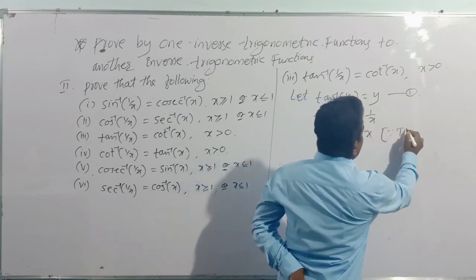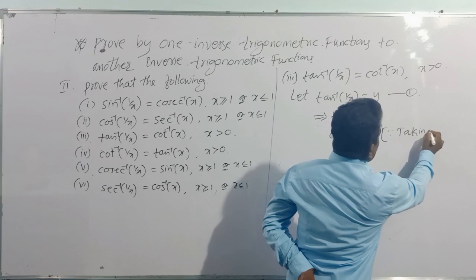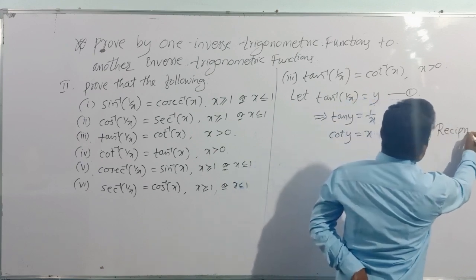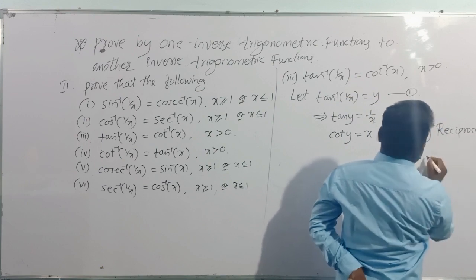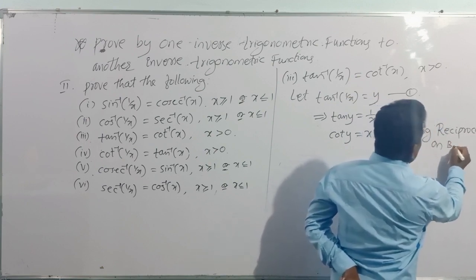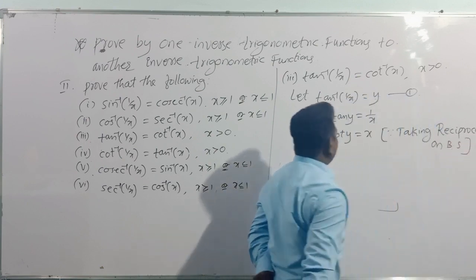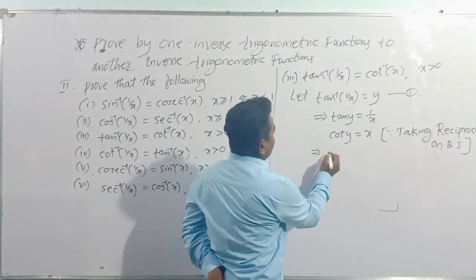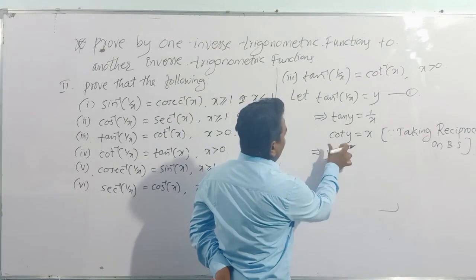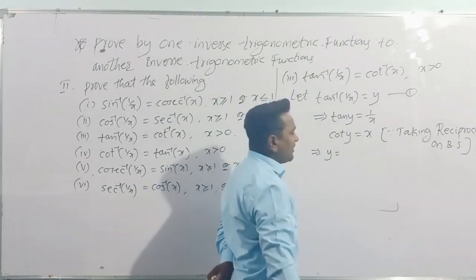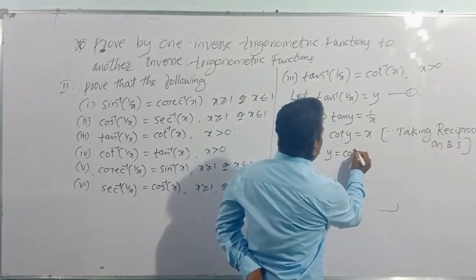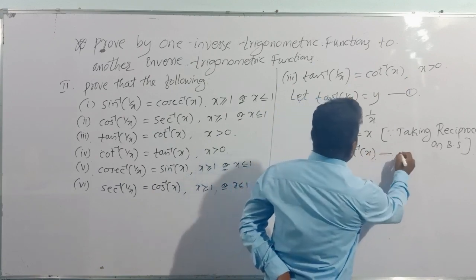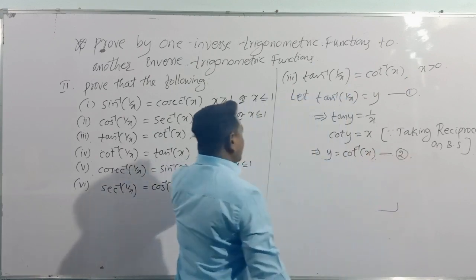Here we are taking reciprocals on both sides. Now this implies y equals to, this cot function move right hand side, it becomes cot inverse x. Take it as equation number 2.